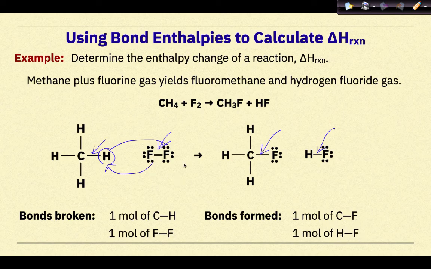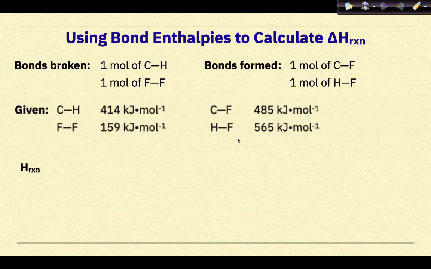And drawing out these structures to see what exactly you are breaking and what exactly you are forming is highly encouraged. So we are given 1 mole of CH and 1 mole of FF being broken, and 1 mole of CF and 1 mole of HF being formed.